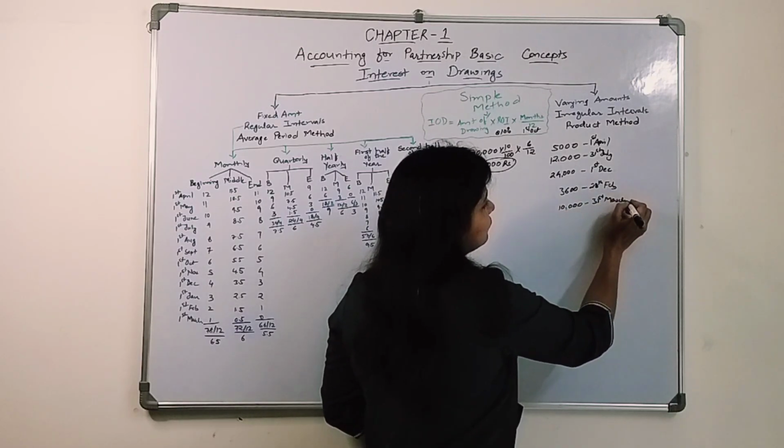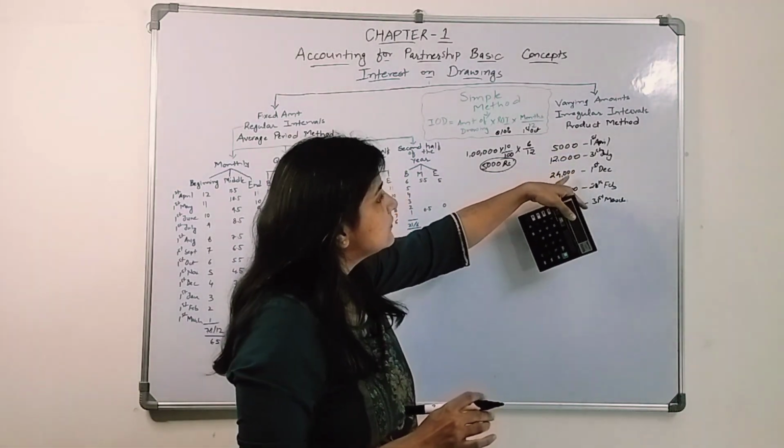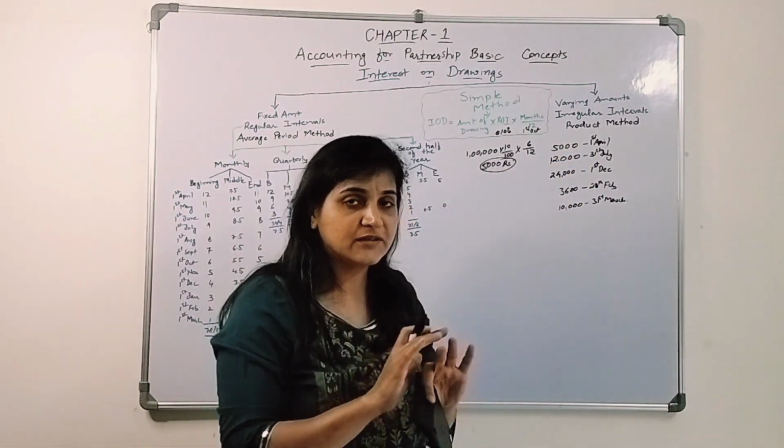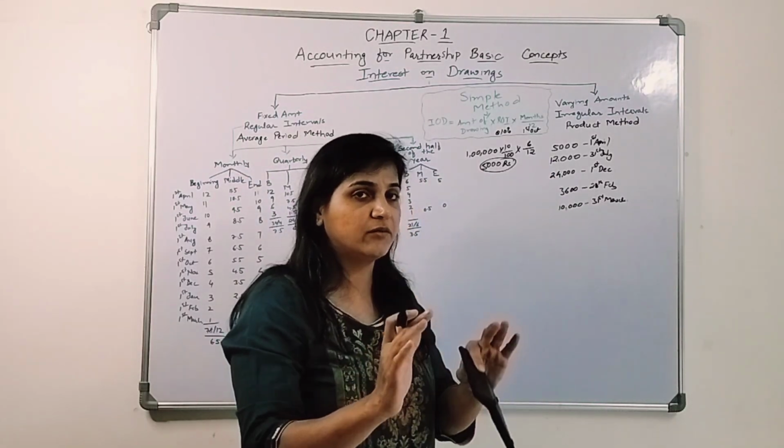This is how the partner was withdrawing the amount. The amounts are varying, they are not fixed, they are not the same. At different points of time, he is withdrawing different amounts from the firm.